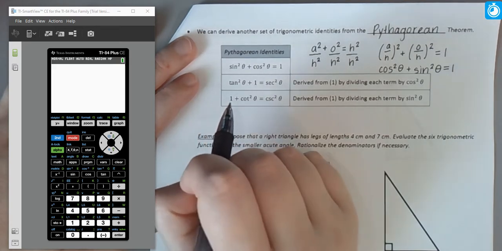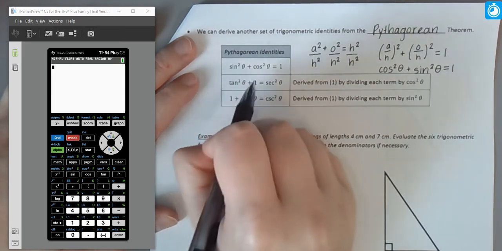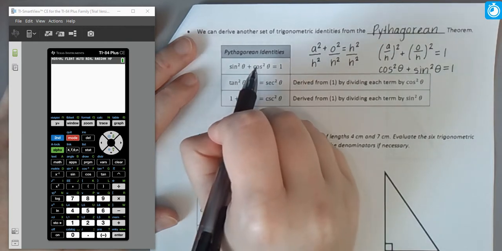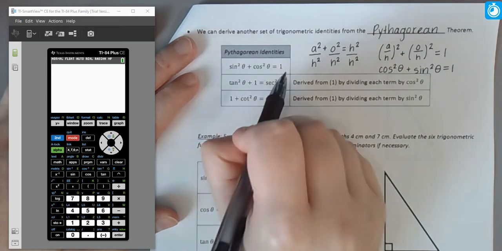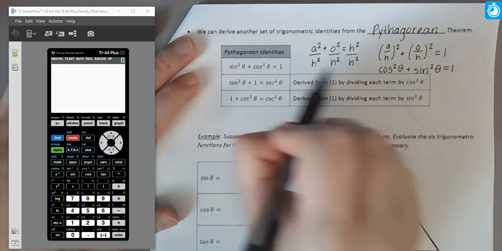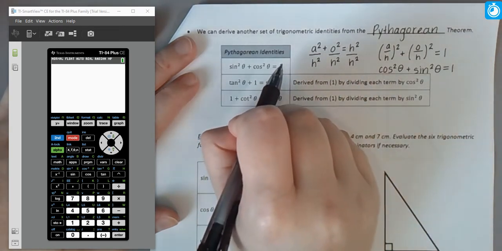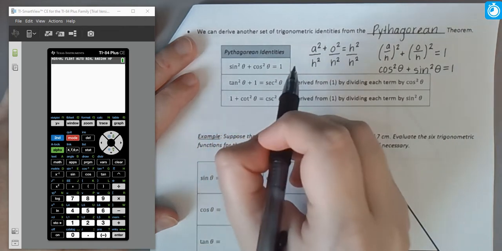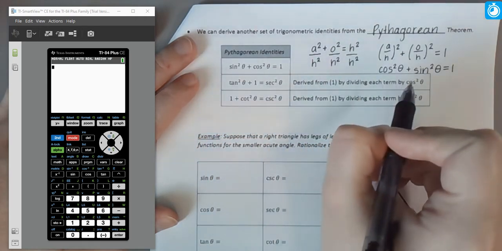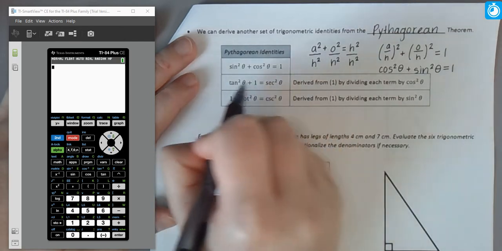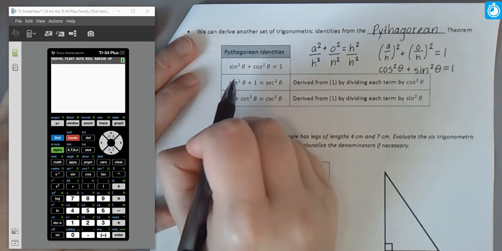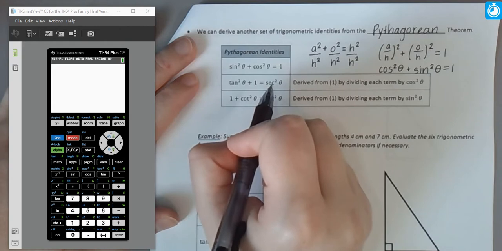So sine squared over cosine squared would give us tangent squared. Cosine squared divided by cosine squared would give us 1. And then 1 divided by cosine squared. Well, 1 over cosine is secant. Remember, cosine and secant are reciprocals. So 1 over cosine squared would give us secant squared. So that's going to be another identity, but it's specifically going to relate the tangent and the secant functions.